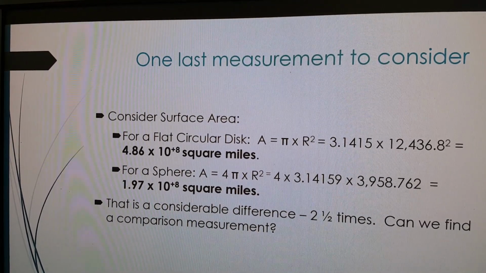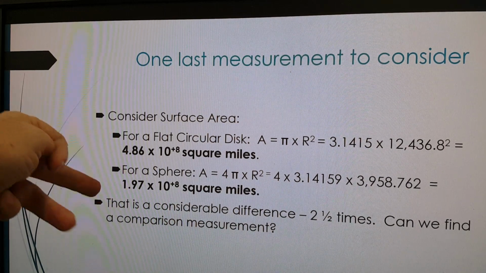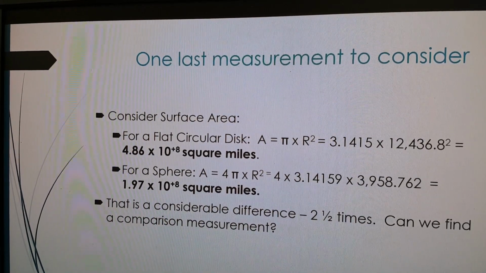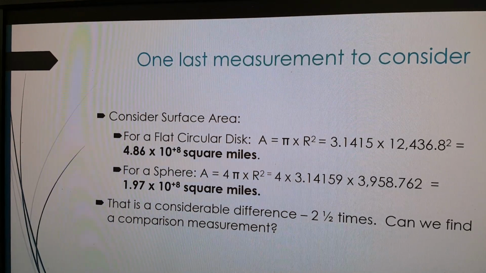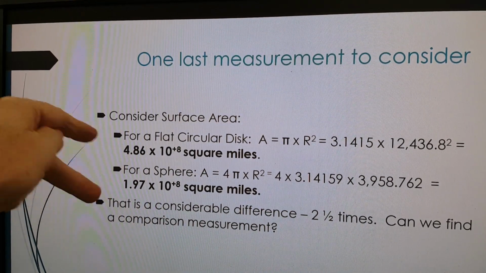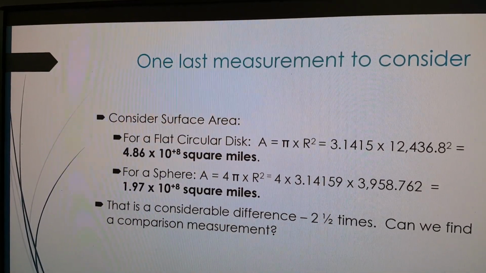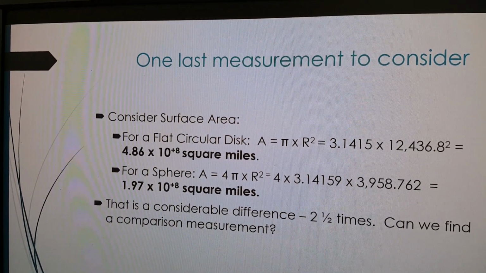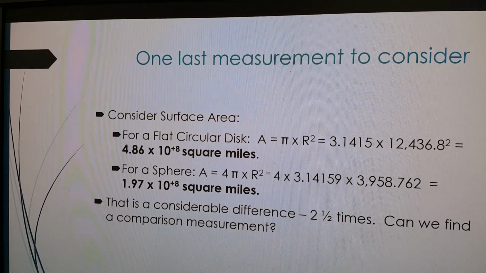So we have two different surface area numbers. This one 1.97 or 197 million square miles. So you can see there's a considerable difference between those two. It shouldn't be too difficult to figure out which one is the real number. So the flat Earth is 2.5 times as big as the spherical Earth.